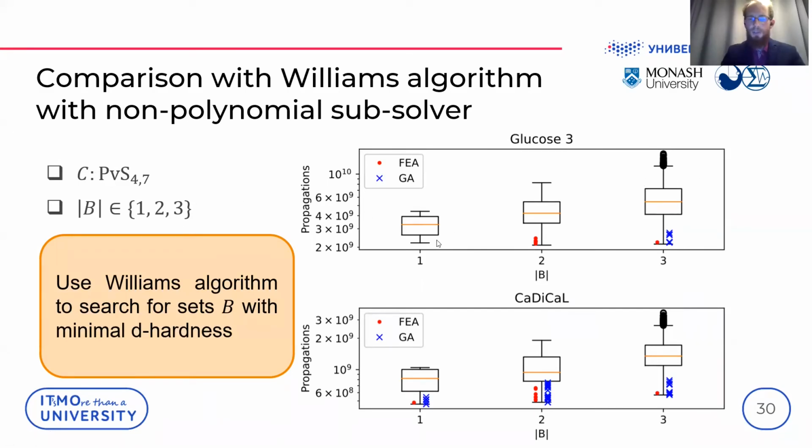So here the box plots correspond to all sets B found by the analog of Williams algorithm, and the dots correspond to sets found by our evolutionary approach. We can see that the results found by our algorithms are quite close to the global minimum of this hardness found by Williams algorithm, but much faster.